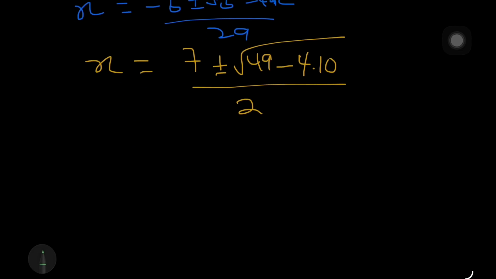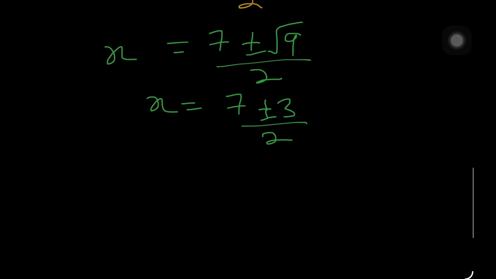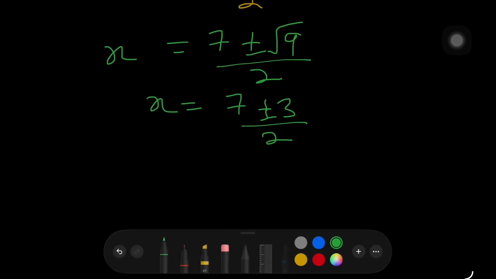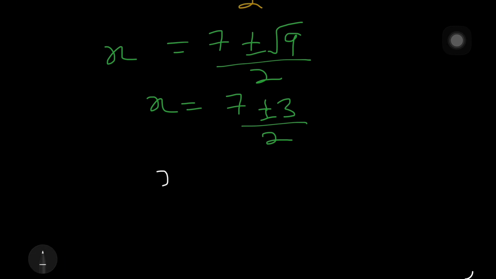So that we have our x being equal to 7 plus or minus square root of 49 minus 4 times 10, 40. 49 minus 40 is 9. Square root of 9 all over 2. x is going to be equal to 7 plus or minus square root of 9, which is 3, over 2. We remember clearly that plus or minus means you add or you subtract.